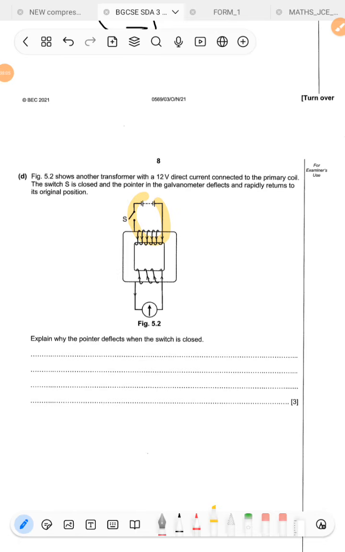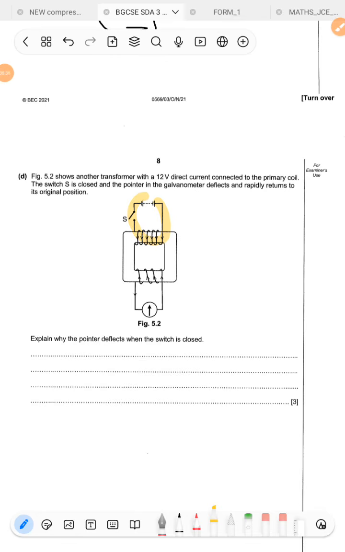Remember how an electromagnet works, or the interaction between current and magnets. When a magnet is moving across an electric current field, it induces current.